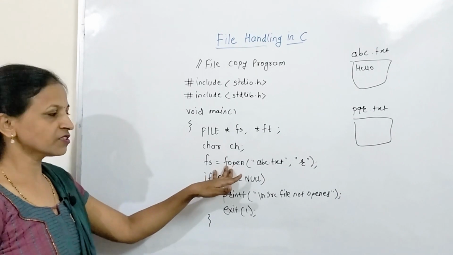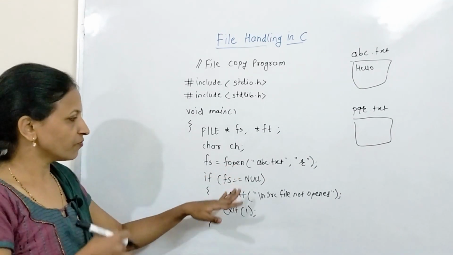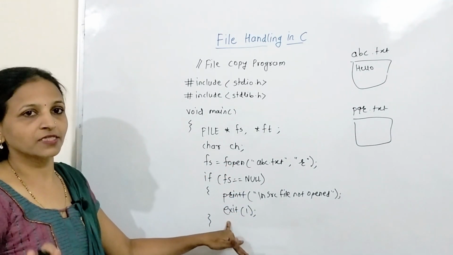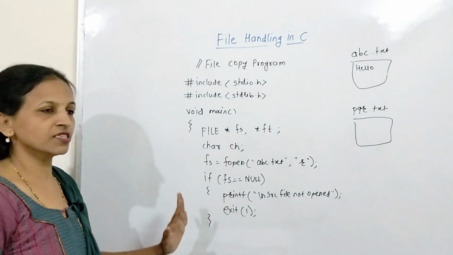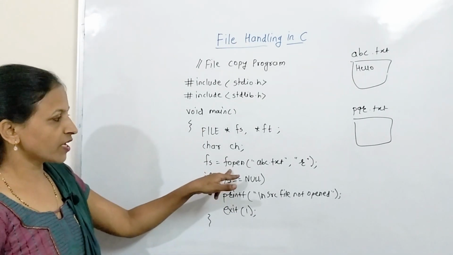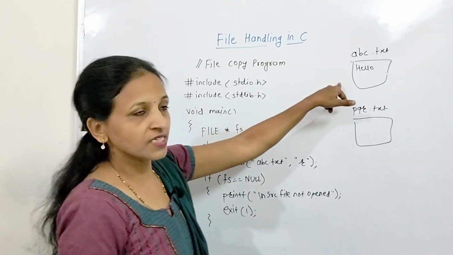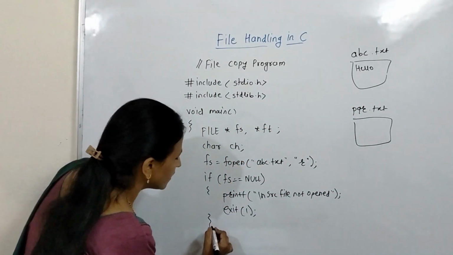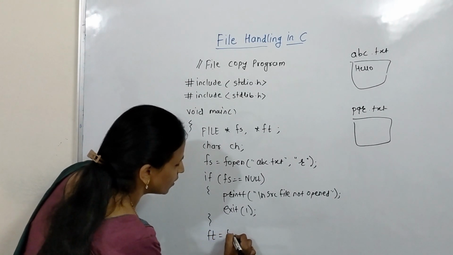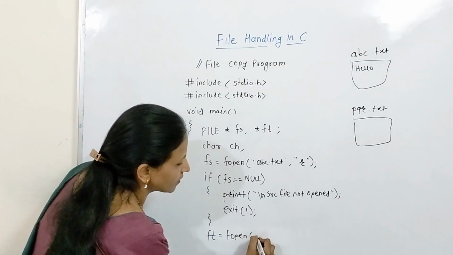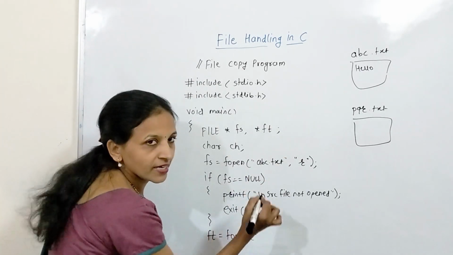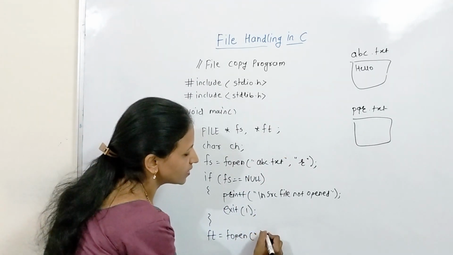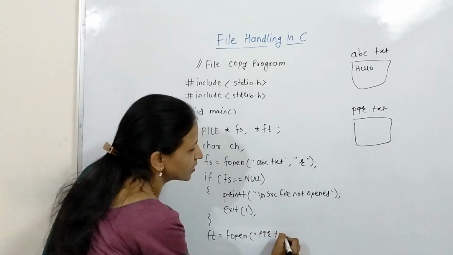Here if the source file is not present, then we have to stop execution, and that's why I have written this. But if it is okay, and the file has opened successfully, then we have to open the next file. Let ft equals fopen, then here the name of the target file is pqr.txt.